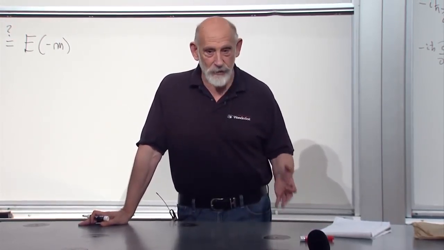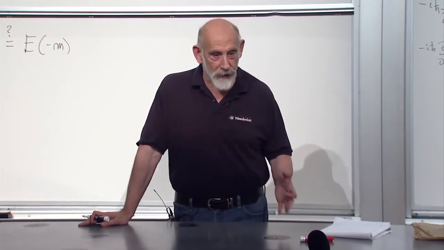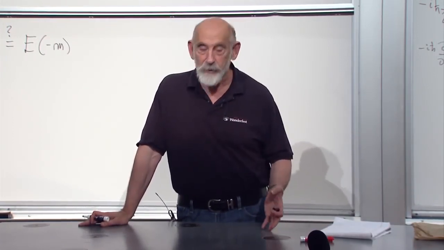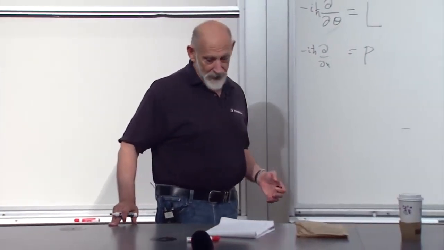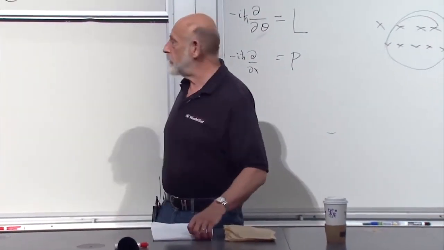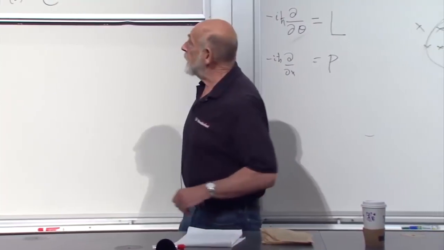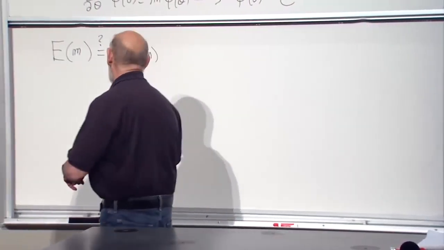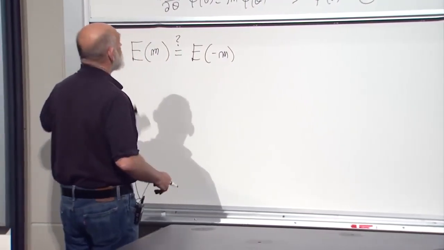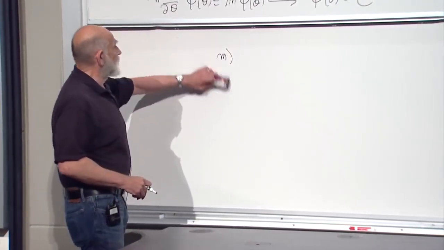The reason is I don't want to use R for reflection because I don't want you to confuse it with rotation. So M, big M, stands for reflection about a mirror. And in particular, we could imagine the mirror is oriented along the x-axis.